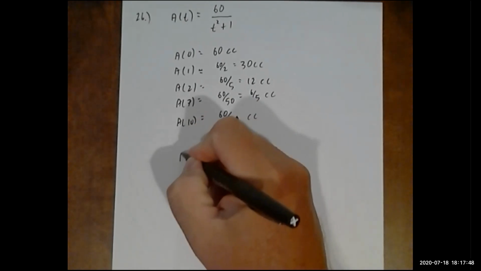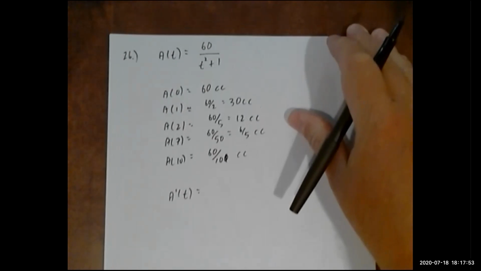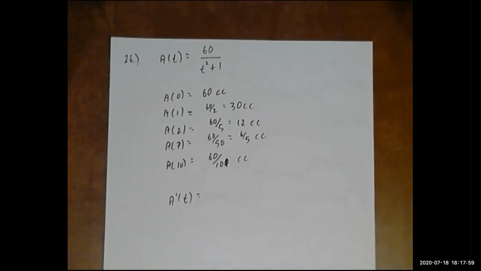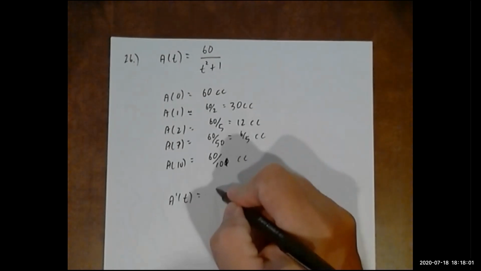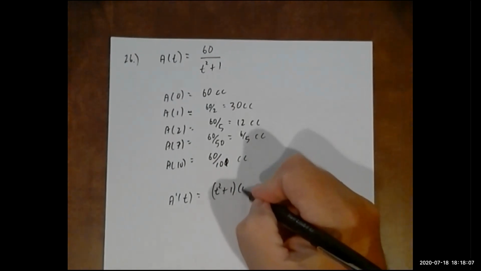So I need to take the first derivative of this function. So here's the original function. Let's just go ahead and do the quotient rule. Low, d high, derivative of the top is just 0.